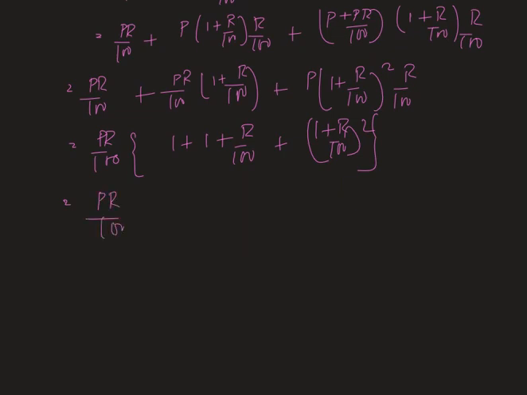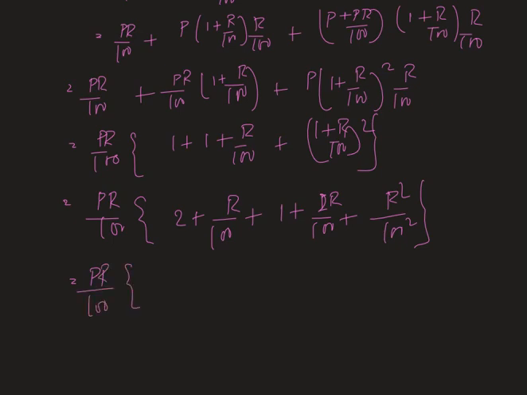Or PR divided by 100, 2 plus R divided by 100 plus 1 plus 2R divided by 100 plus R square divided by 100 square. So we have PR divided by 100 into 3 plus 3R divided by 100 plus R square divided by 100 square.